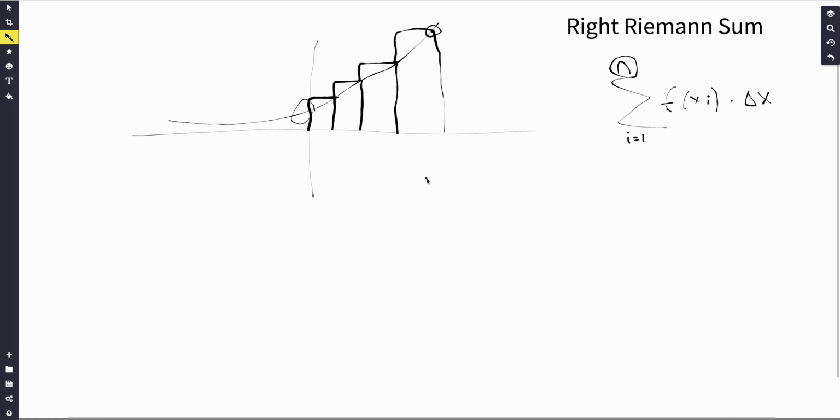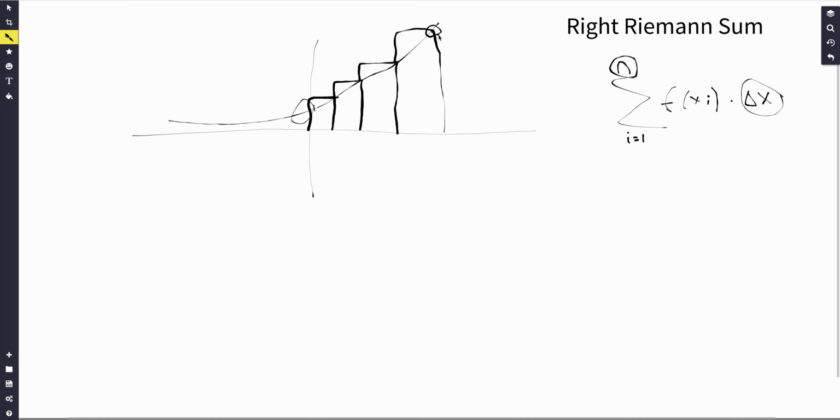Okay, this delta x here represents the formula b minus a over n. Those are used when you know what the intervals of your graph are. So say this is 0 and this is 2, this x value. So the b would be 2 and then a would be 0, and then you have to divide by the n. I'll show that again more clearly in a problem example that I'll provide.